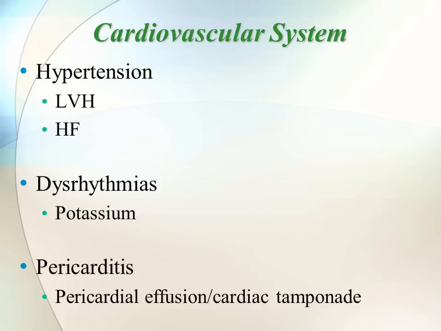Occasionally it can progress to a pericardial effusion, and of course the complication of pericardial effusion is cardiac tamponade. You remember, pericarditis is usually manifested by a pericardial friction rub, chest pain, maybe even a low-grade fever.